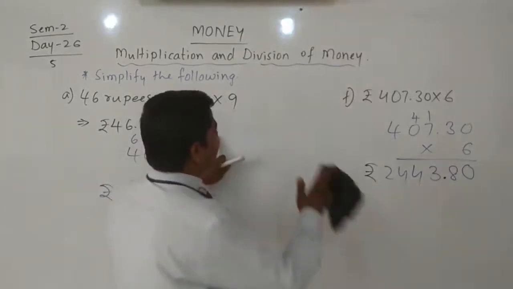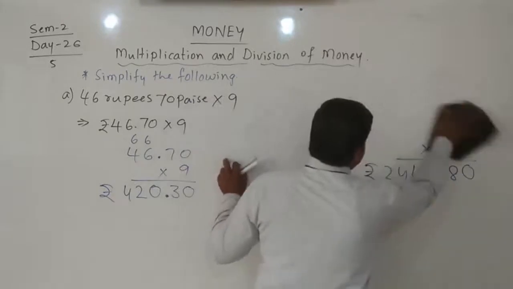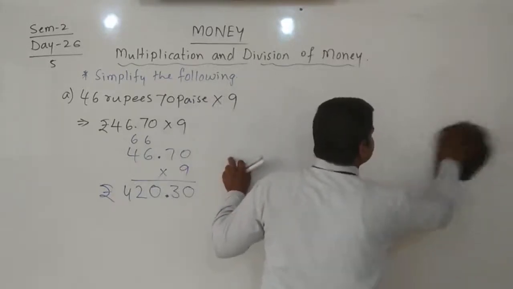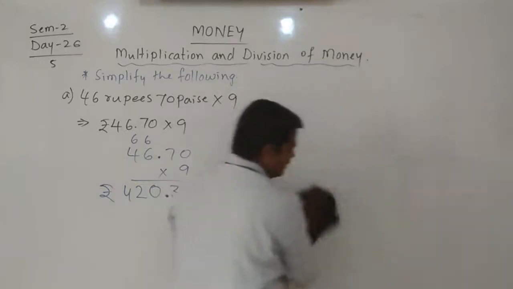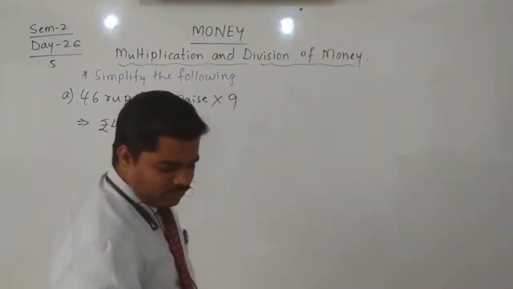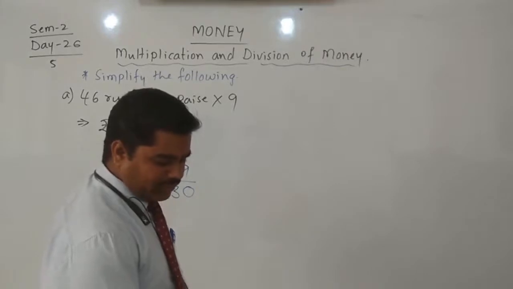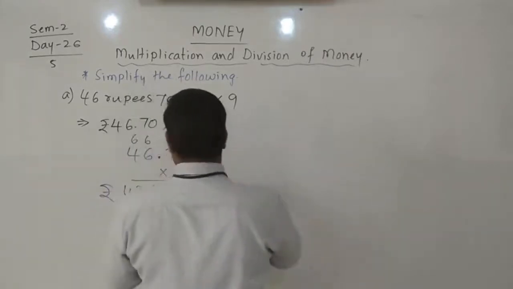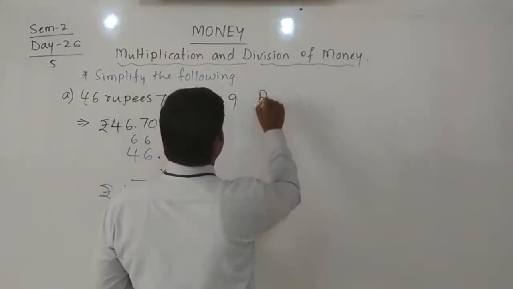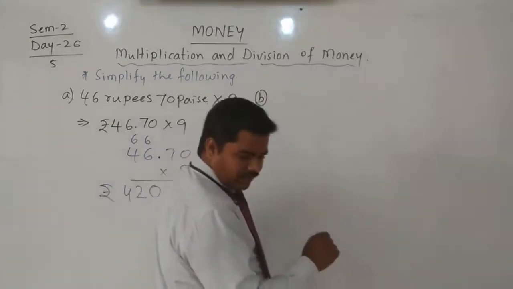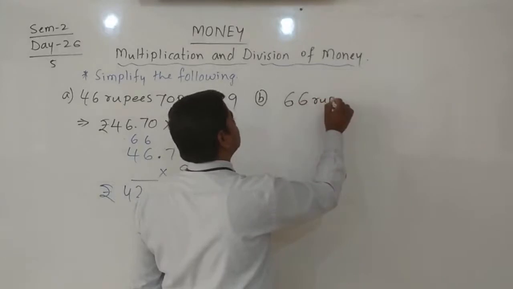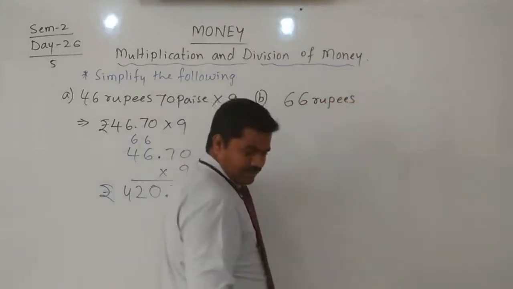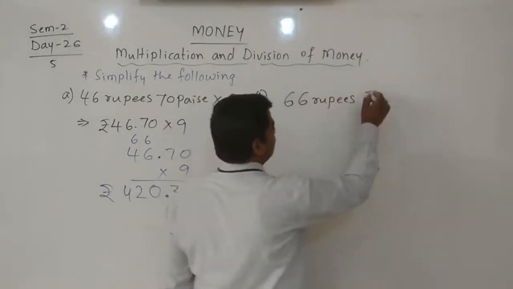If they give it in words, in words means you can change into the decimal form. Change to the decimals and you can find the product or divide the number. Here is a division problem: 66 rupees and 55 paise divided by 11.